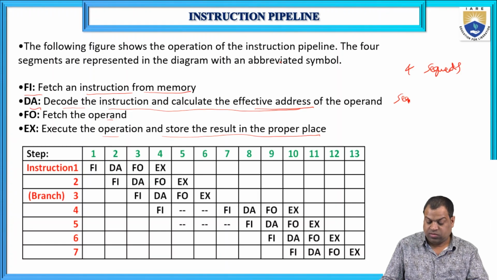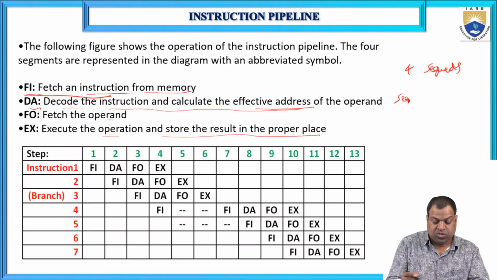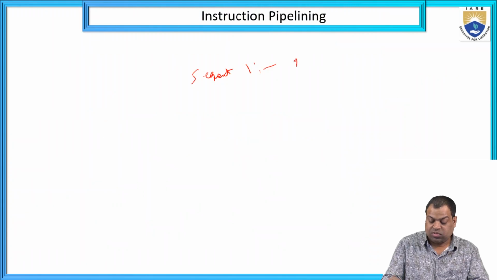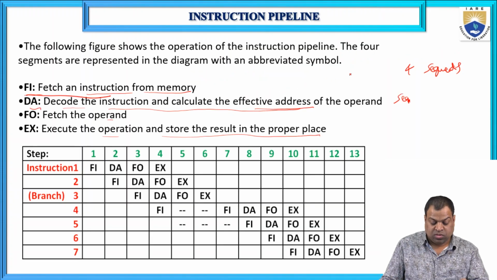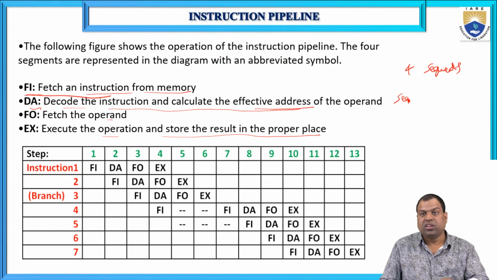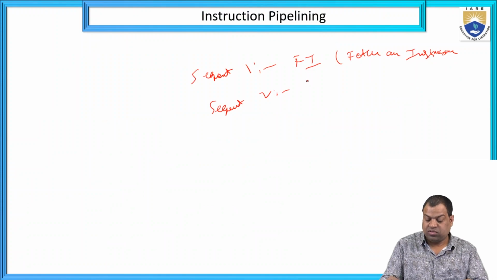Segment 1, fetch an instruction. Next, segment 2. What does it mean? We are decoding the instruction and calculating the effective address.